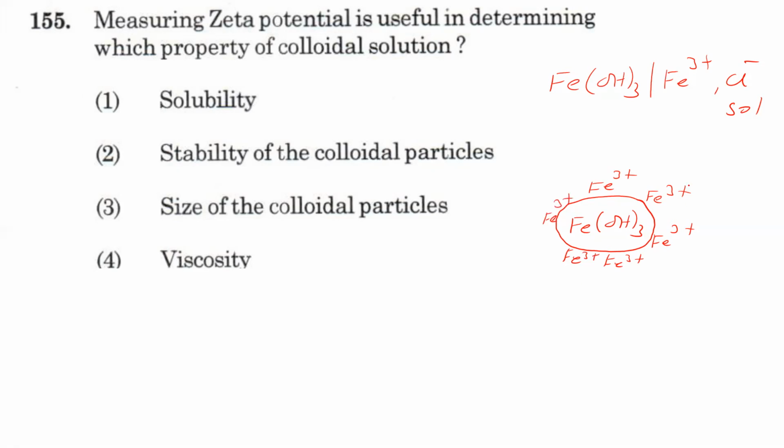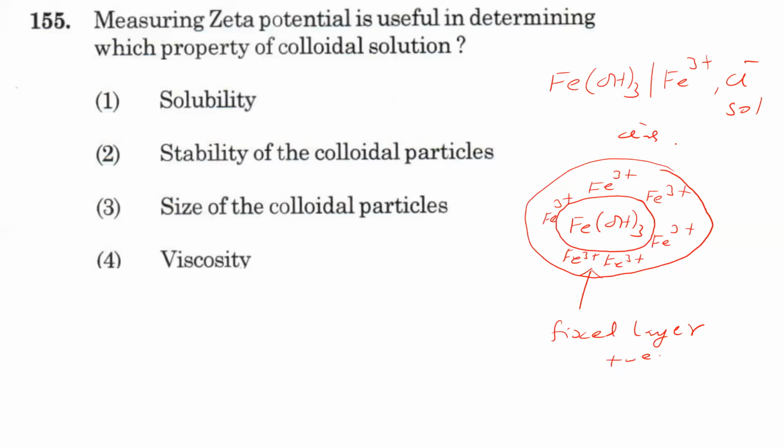This is called a fixed layer, and it has positive charge. To neutralize the positive charge, Cl minus aqueous will be present here and there in the solution.